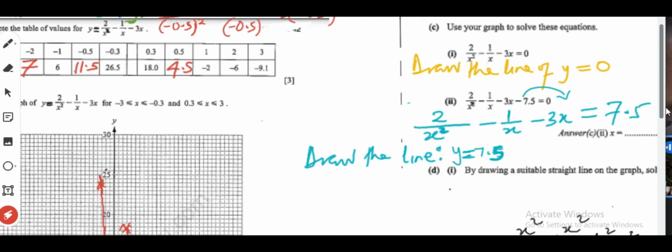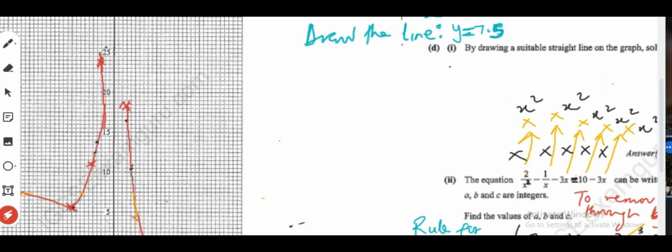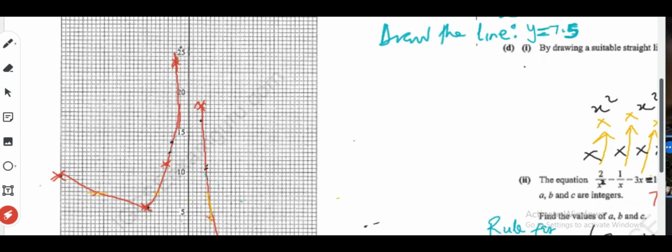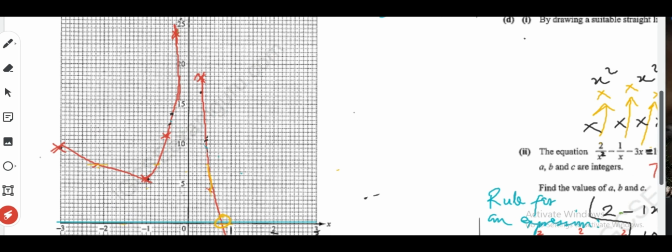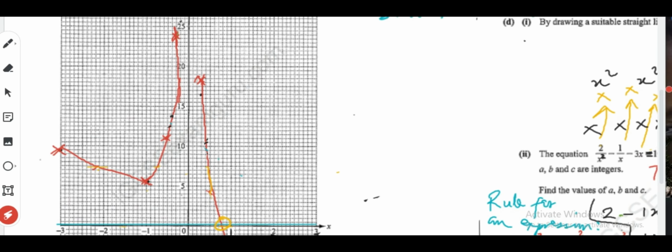So draw the line of y equal to 7.5. Go ahead. Are you sure that's where 7.5 will be? No. No, wait, hold on. No.